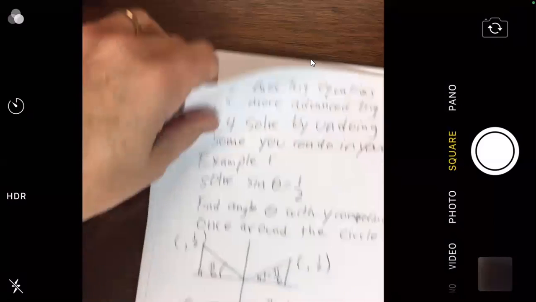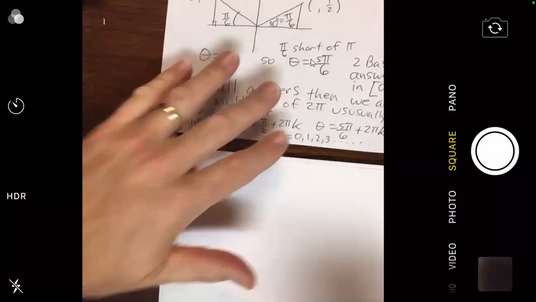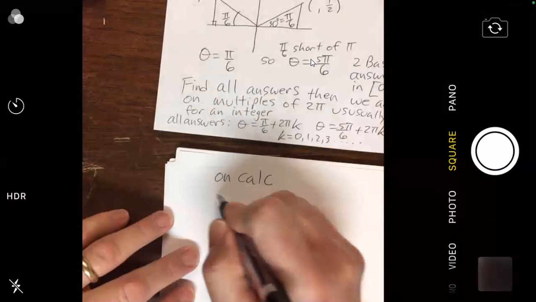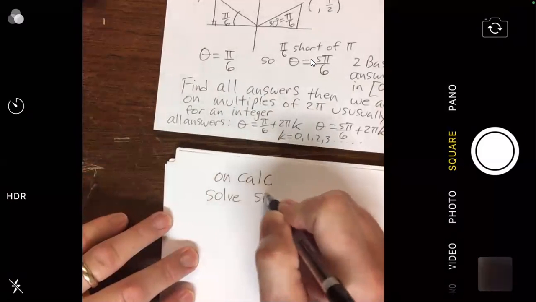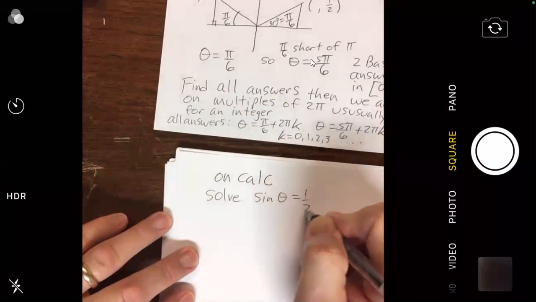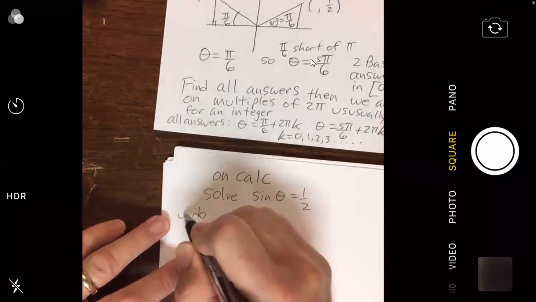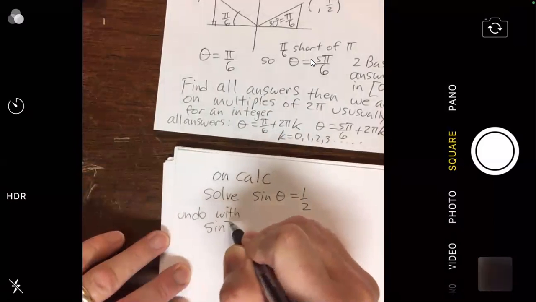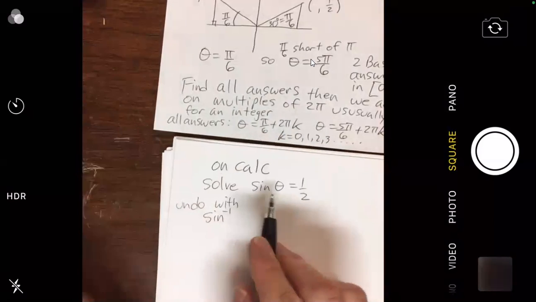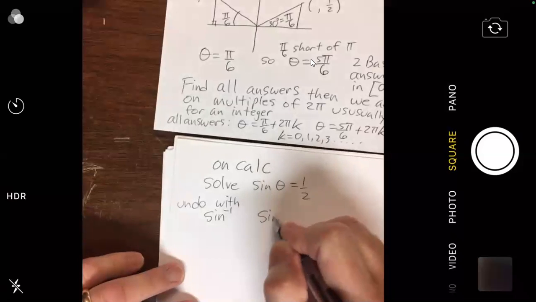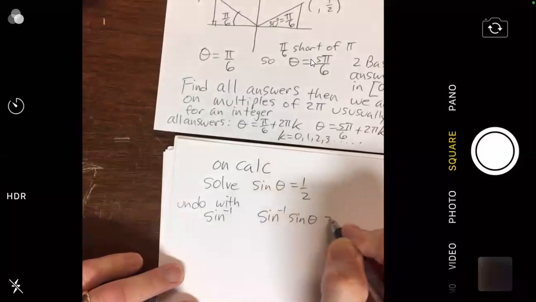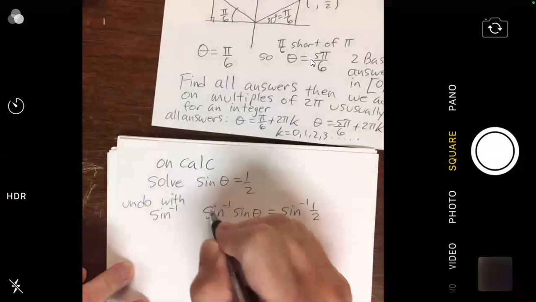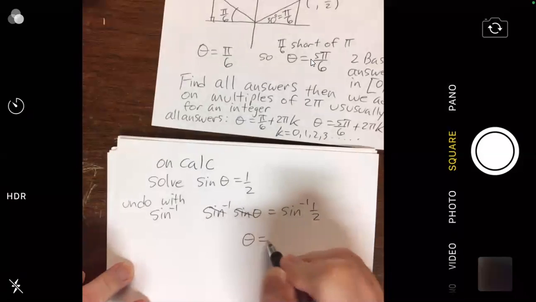Now, on the calculator, just to contrast it, you undo with arc sine. And if it's a cosine, it'd be arc cosine, tangent, arc tangent. So you'd be taking arc sine of 1/2.